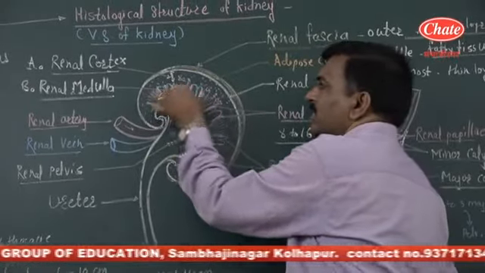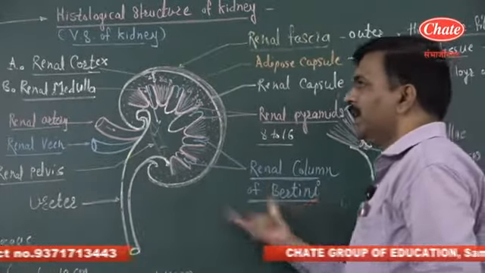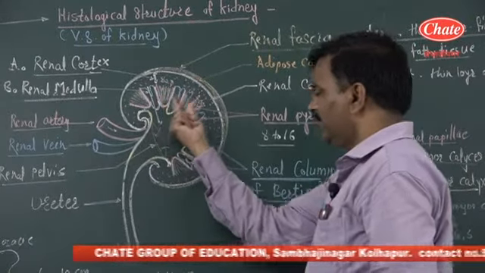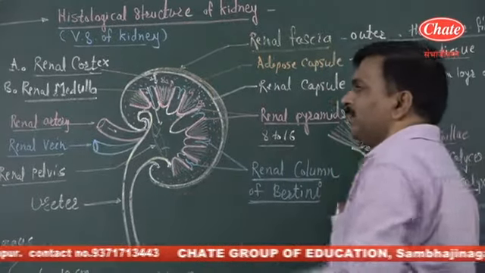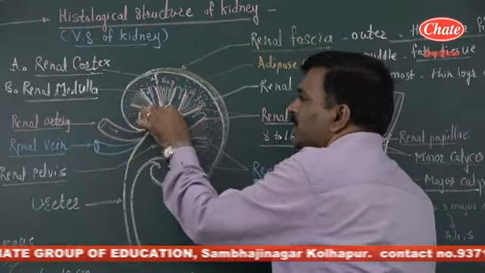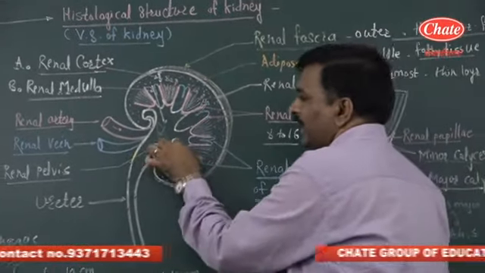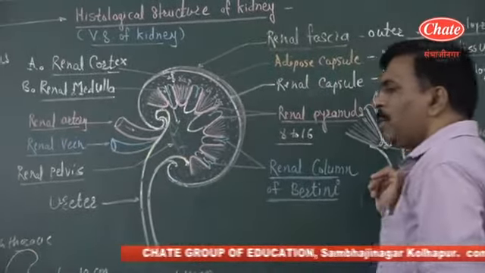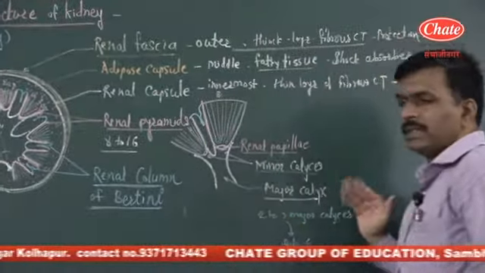These pyramids are separated from each other by the renal column of Bertini. At the base of each renal pyramid we can observe the renal papilla. Renal papillae join together and open into a small duct, the minor calyx. Minor calyx opens into the major calyx and major calyx opens into the pelvis. So this is the histological structure of the kidney.